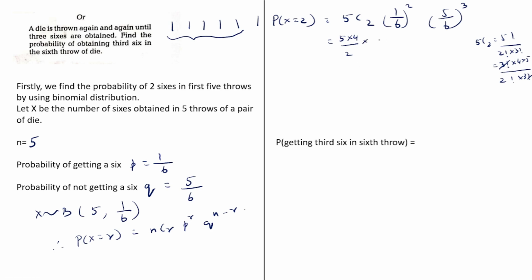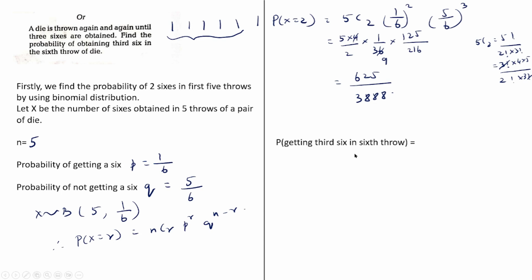Then into 1 by 36 into 125 upon 6 cube, it is 216. So this is 9. Now when we simplify, we get probability of x equal to 2 as 5 into 125, it is 625, upon 216 into 2 into 9, it is 3888. So this is the probability of getting 2 sixes in the first 5 throws of a die.